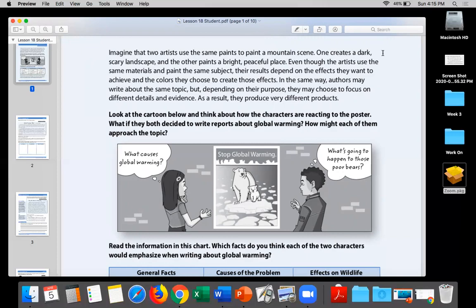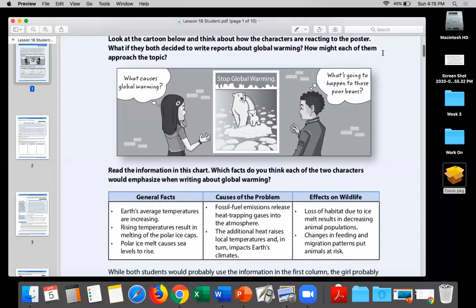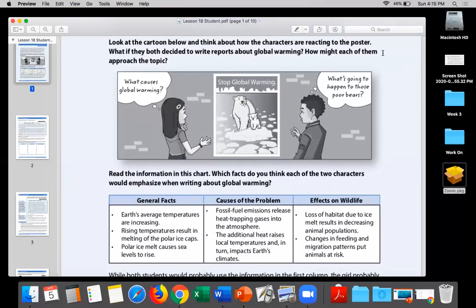So the girl is specifically concerned about global warming as a whole, and the boy is specifically concerned about the polar bears, or the poor polar bears. So he's looking at it on a narrow view, and she's looking at it on a wide view, but they're both looking at the same thing, global warming and its effects, or how it is caused.